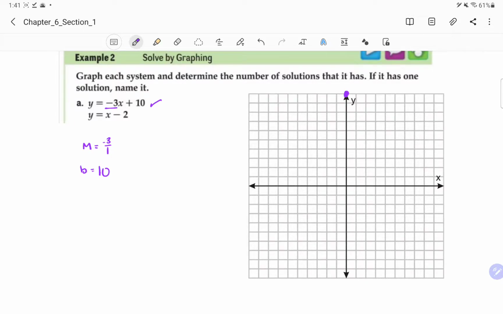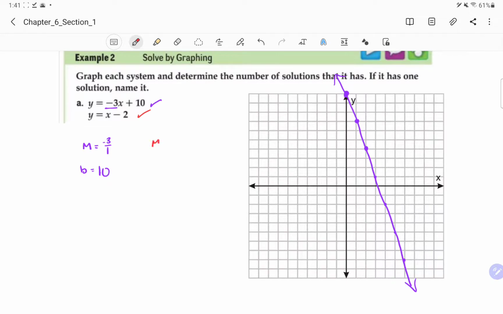So I'm going to come down 3 to the right 1, down 3 to the right 1, all the way until I run out of graph. Then I will connect those points.